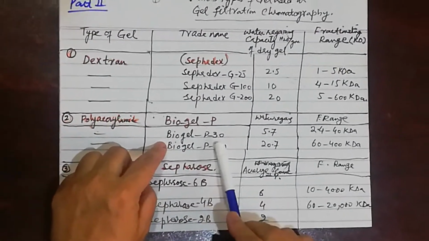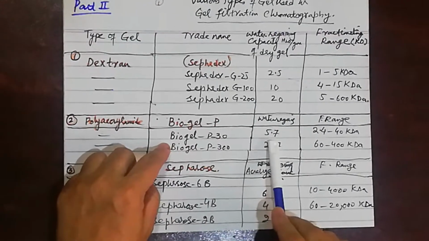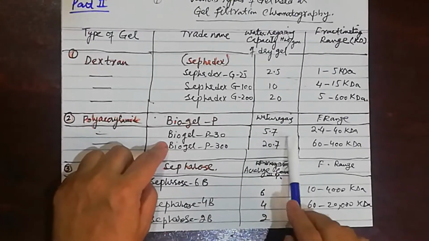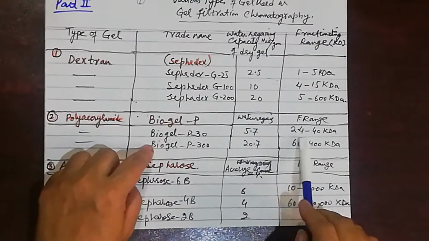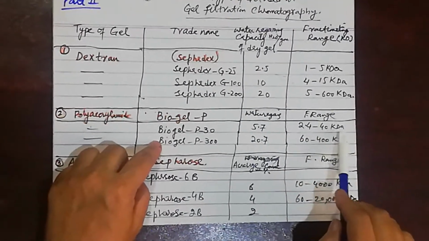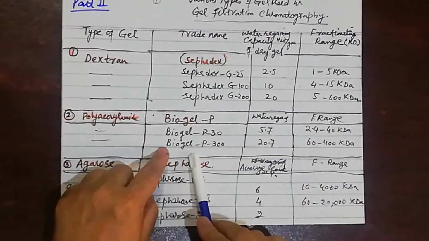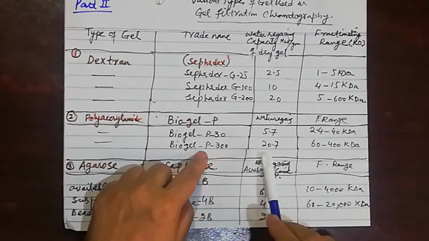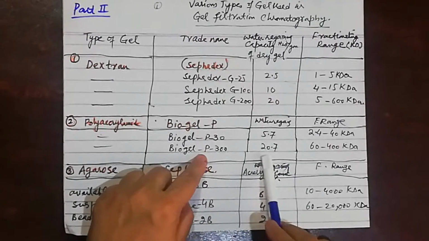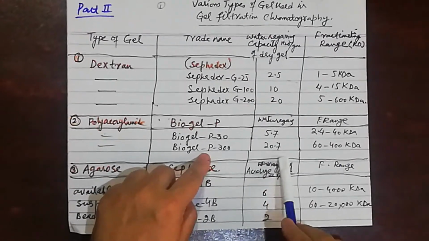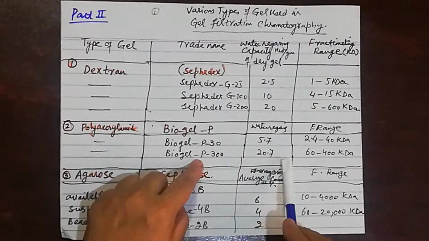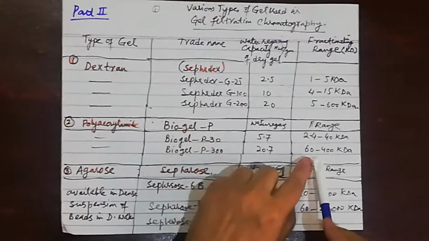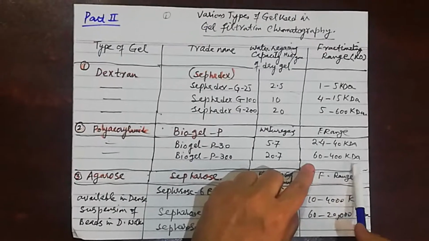Biogel P30 has a water regaining capacity of 5.7 ml per gram of dry gel and a fractionating range of 2.4 to 40 kilodaltons. Biogel P300 has a water regaining capacity of 20 to 20.7 ml per gram of dry gel and a fractionating range of 60 to 400 kilodaltons.